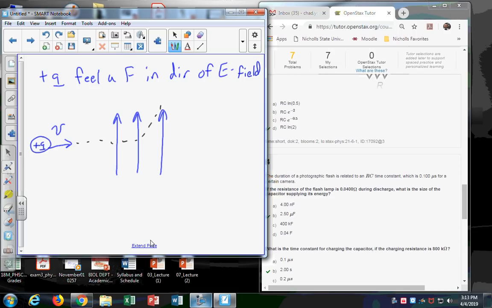However, I want to be able to create a magnetic field that will directly counteract or counterbalance that electric force. So if I draw my force vectors, Fe is in this direction, I want to create a magnetic field so that my magnetic force is in the opposite direction. Then that will allow the charge to travel through the electric field and the magnetic field without any deflection at all.